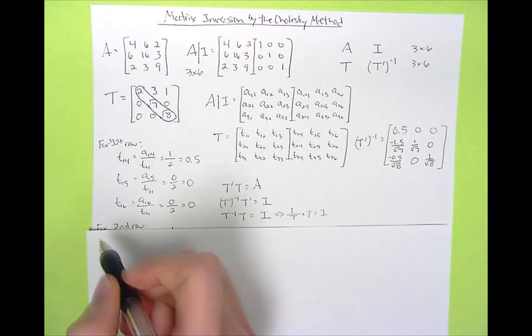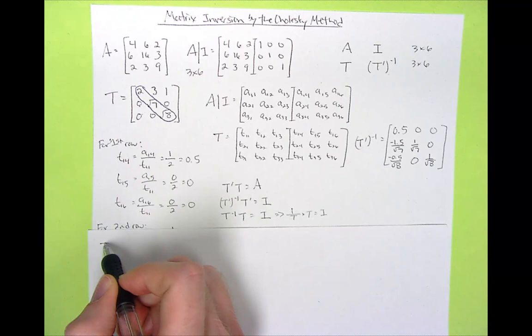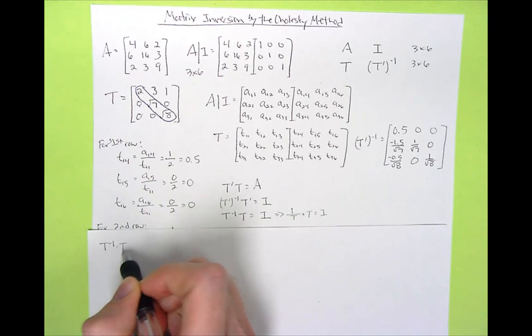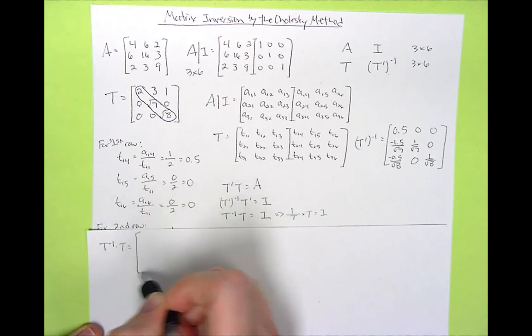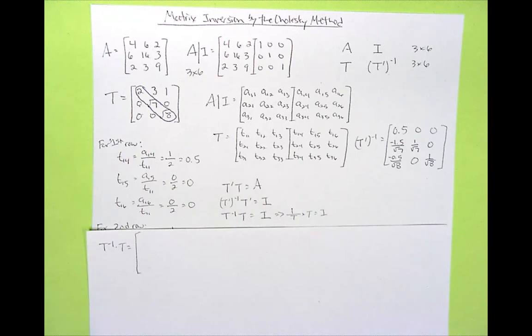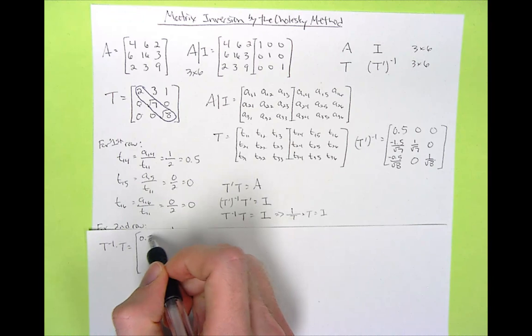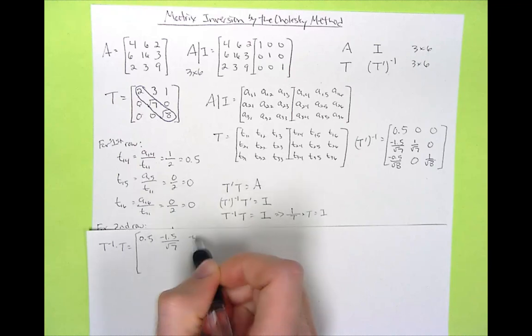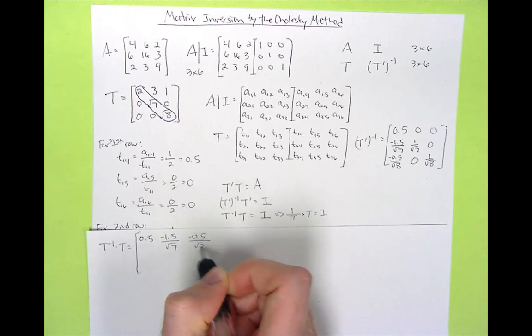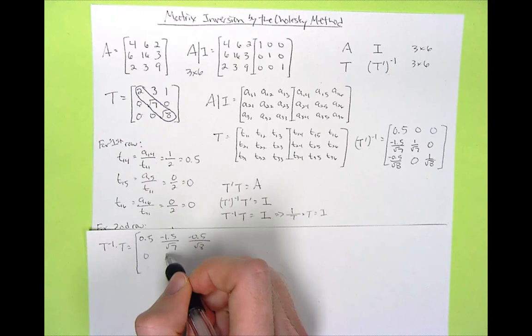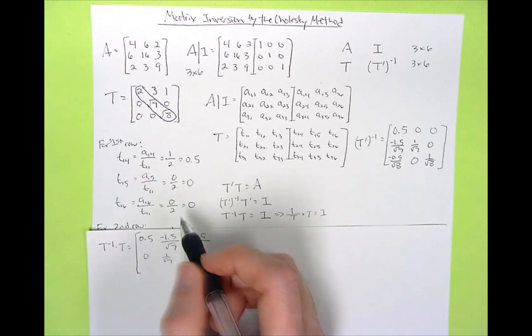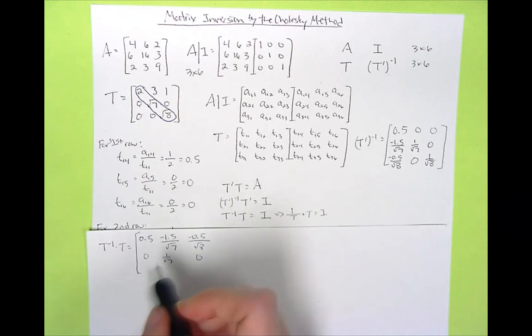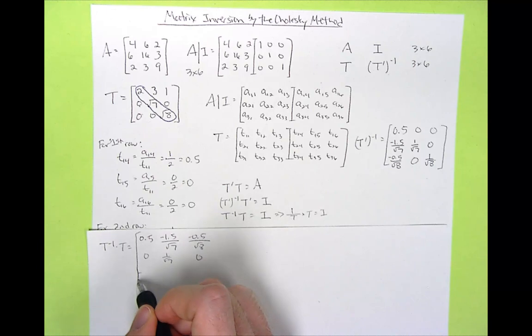So we're going to do this inverse of T times T. The inverse of T is 0.5, negative 1.5 over square root of 7, 0.5 over square root of 8, 0, 1 over square root of 7, 0, and then I should have made this a little longer.